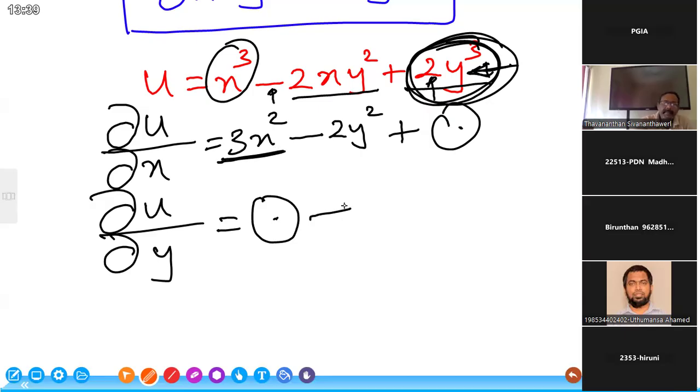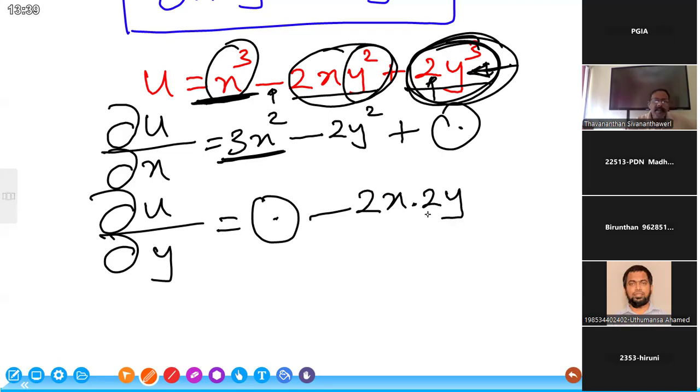Minus, 2x. What are the constant components? 2x is a constant. So keep the constant first. Then you differentiate y² with respect to y, which is 2y.